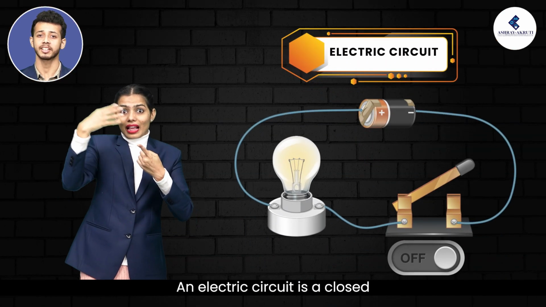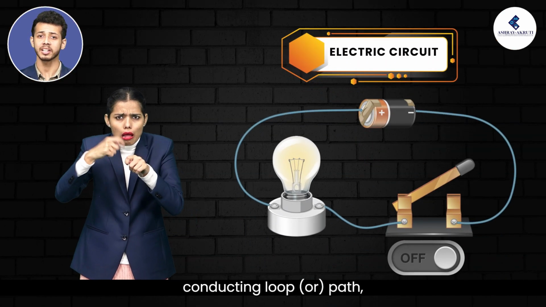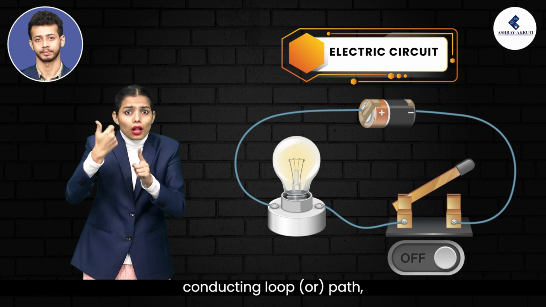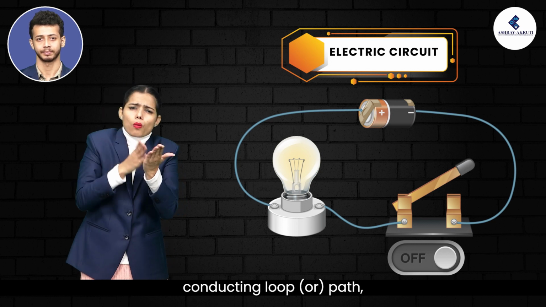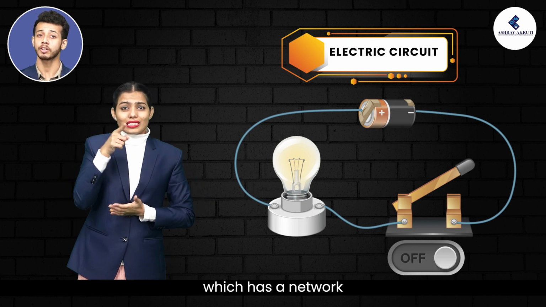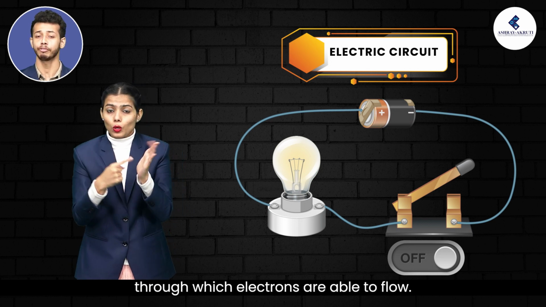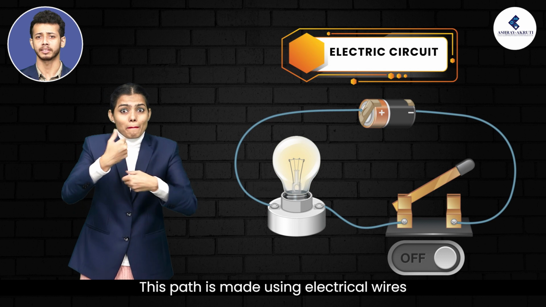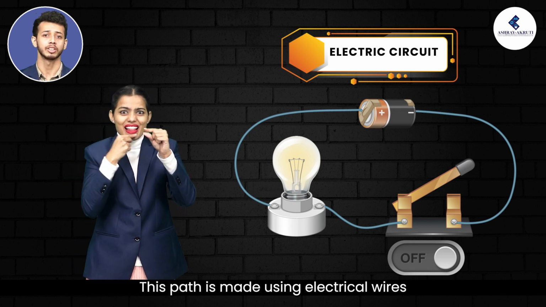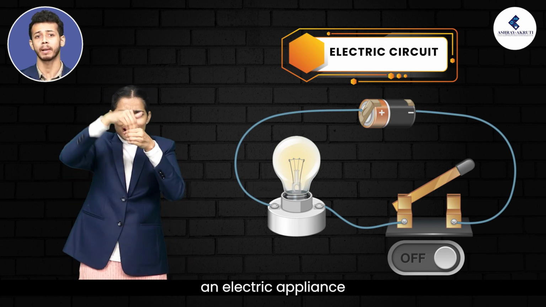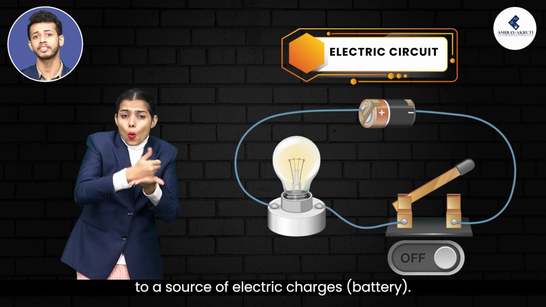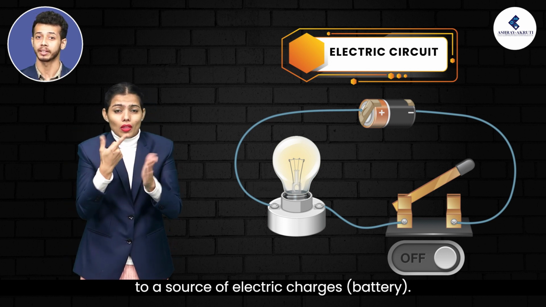An electric circuit is a closed conducting loop or path, which has a network of electric components through which electrons are able to flow. This path is made using electric wires so as to connect an electric appliance to a source of electric charges, a battery.